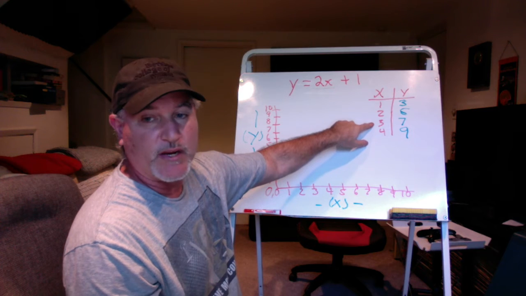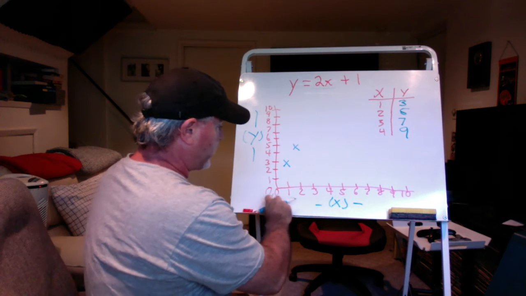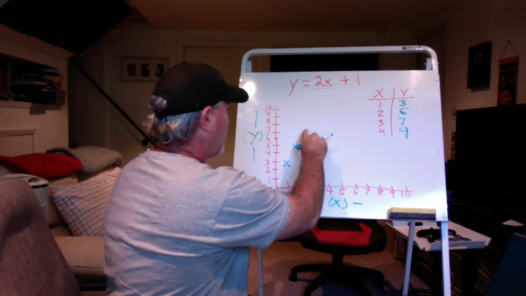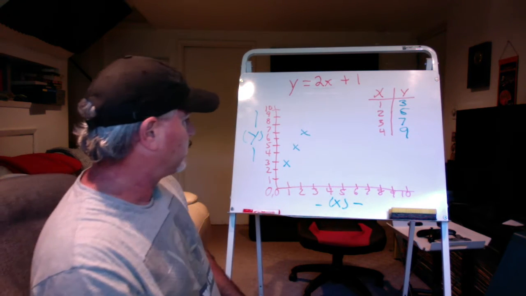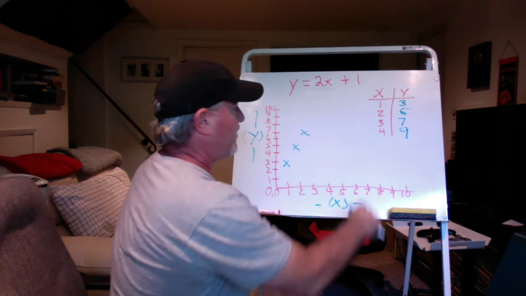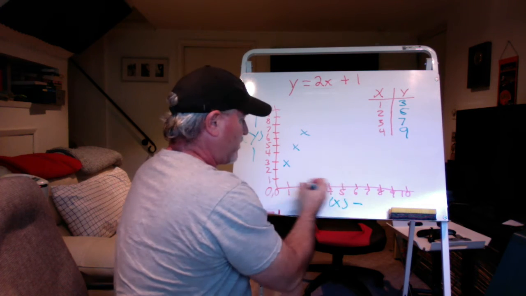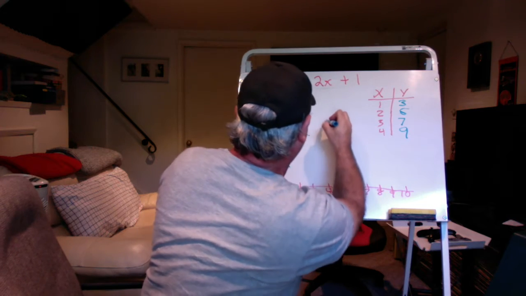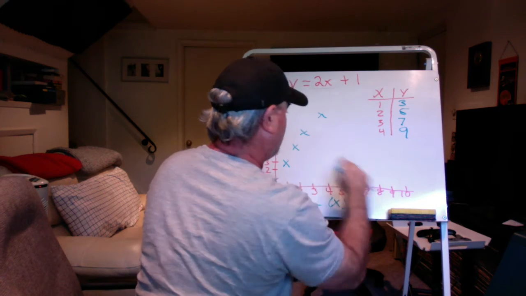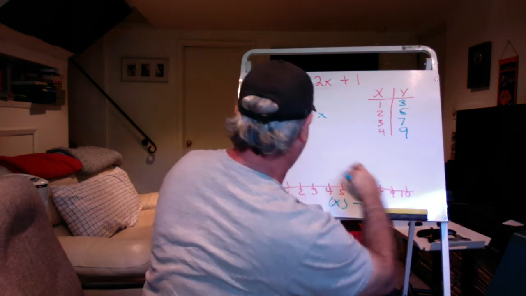When X is 3, Y is 7. We're going to put the X up here. And then lastly, when X is 4, Y is 9. That's going to be up here. This one's a little off.